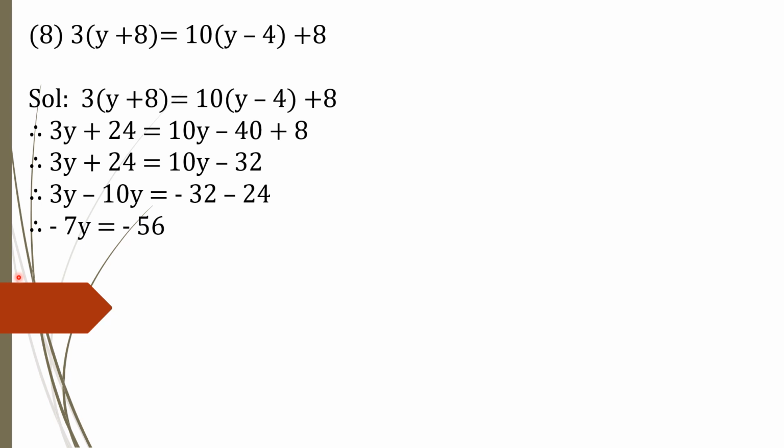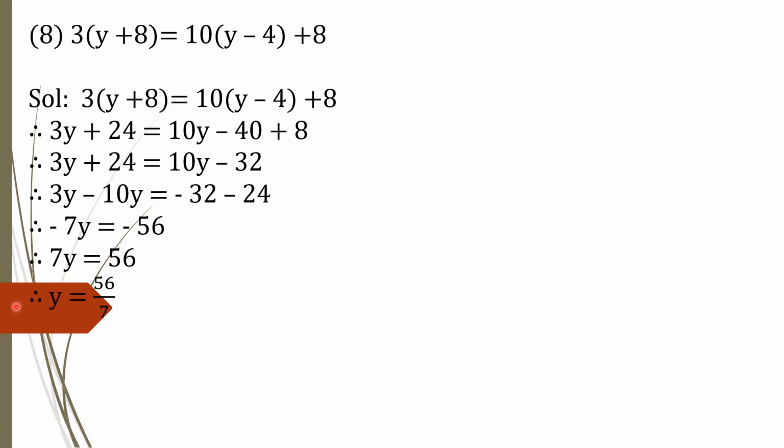Now both the expressions have the same sign. On the left hand side you have minus and on the right hand side also minus. So we can remove this. So next step we'll write, therefore 7y equal to 56. The minus sign will get cancelled. So you can write 7y equal to 56.